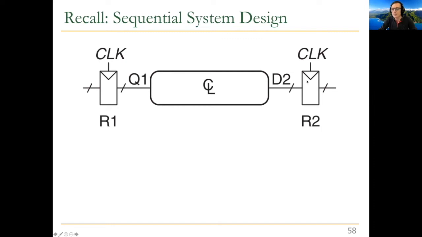You have R1, and then combinational logic. The result is latched to R2. And then you take the value in this register, put it into another combinational logic, and then the result is latched to R3. And then you take the output of R3, put it into another combinational logic, and the result is latched to R4.